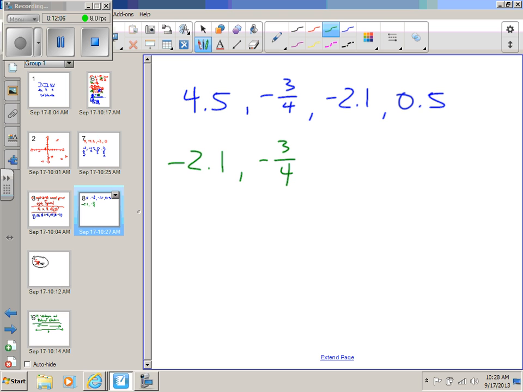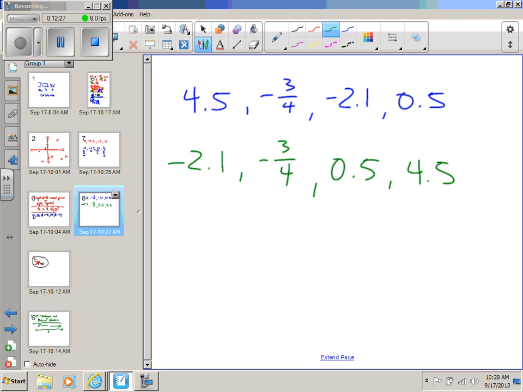How did you know that the negative 2.1 was actually smaller? What if you just reason with it? It's a 2, and this isn't even negative 1, right? So followed then by the 0.5 and the 4.5.